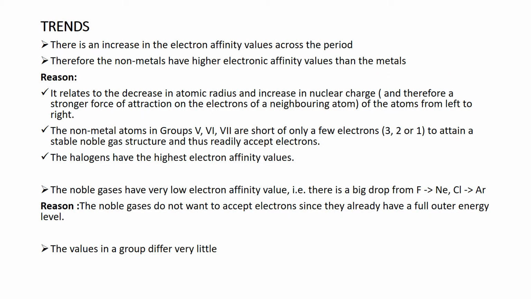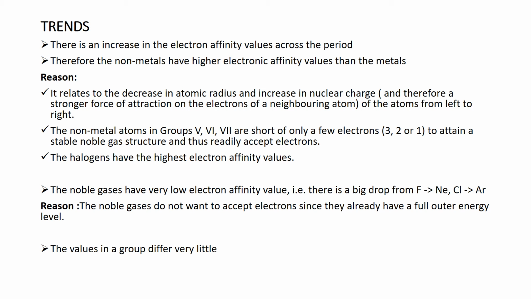Let us look at the trends then. As we move across the period, we see an increase in the electron affinity. Therefore, the nonmetals will have higher electron affinity values compared to the metals. Remember, the metals, we find them on the left of the periodic table, and the nonmetals are on the right of the periodic table.